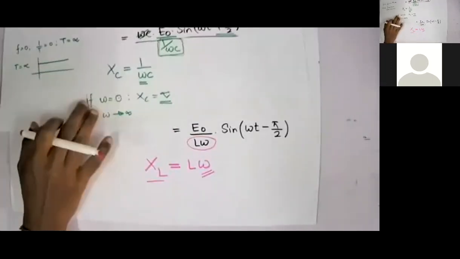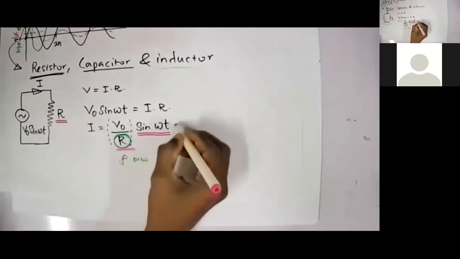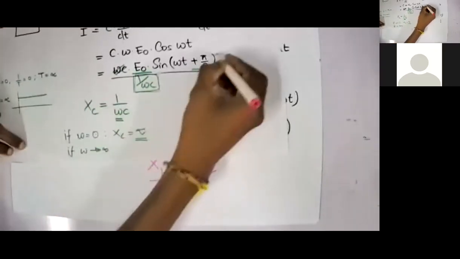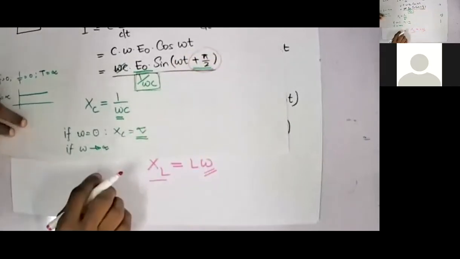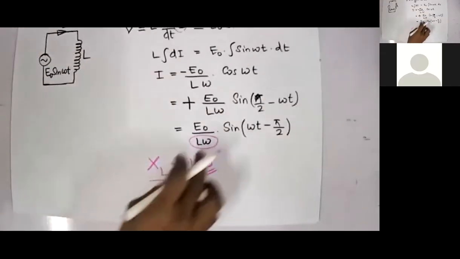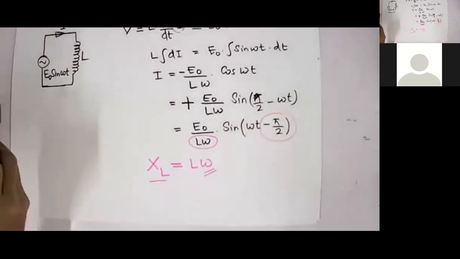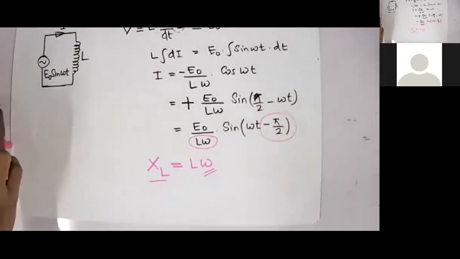Now look at these three equations. Here you have R, there is no phase shift. Here, instead of R, you have 1 over omega c and a pi by 2 phase shift. Here you have L omega, but a minus pi by 2 phase shift.